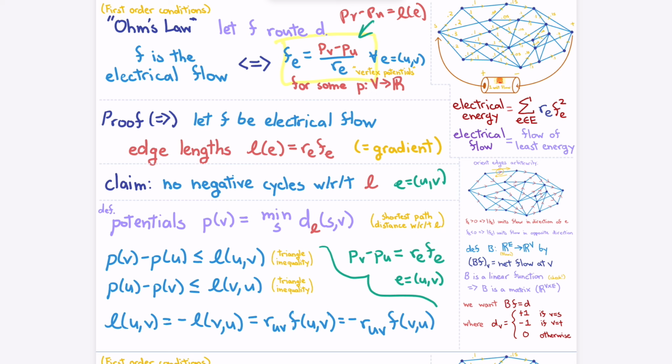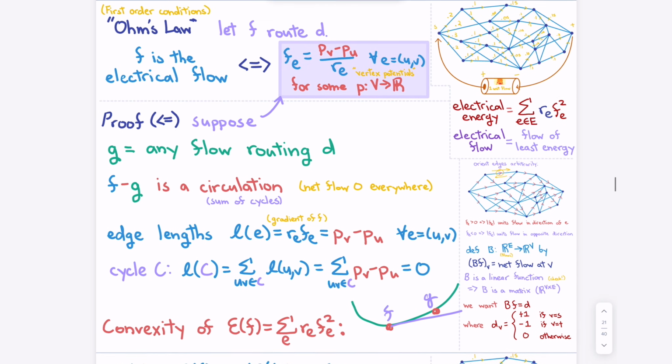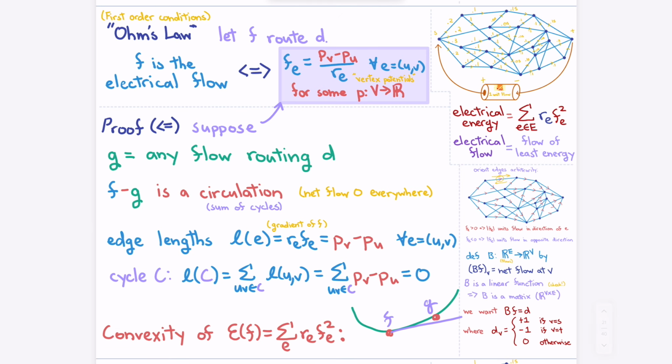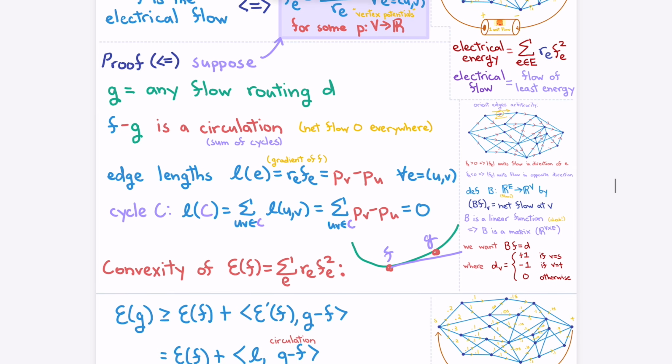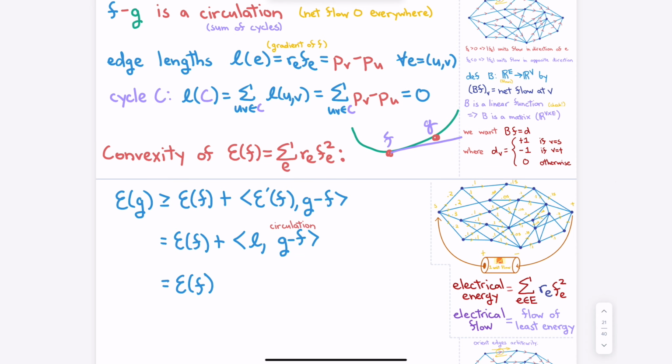There is some similarity because they're both doing this gradient trick with edge lengths, and they're all based on cycles and paths. But that's how we got potentials. The potentials arose as shortest paths with respect to the gradient. On the flip side, if I interpret the gradient as edge lengths, then I can say something about cycles once they're induced by potentials, and then I can reason very easily about moving along a gradient from one flow to another.